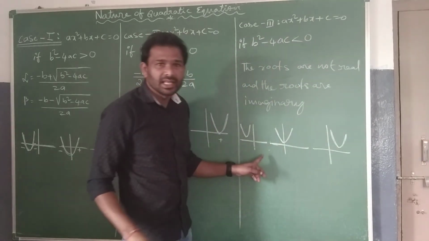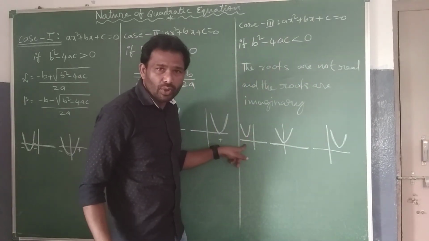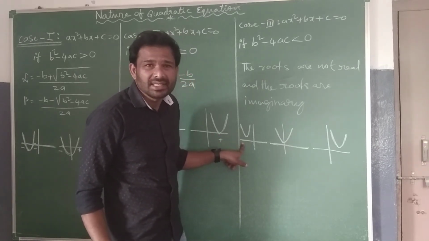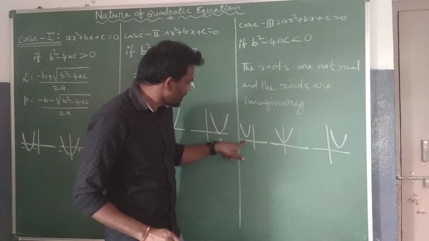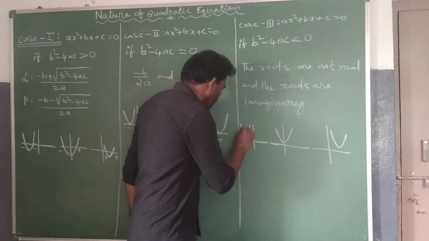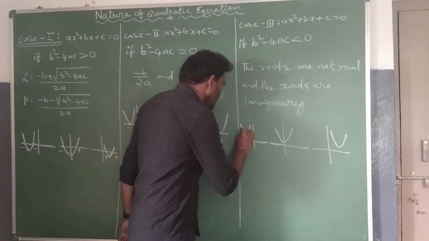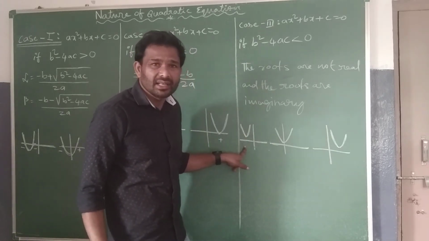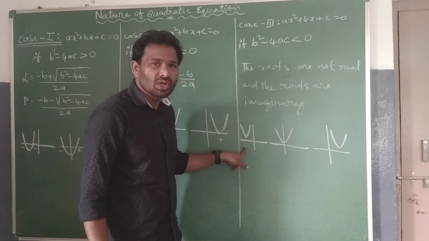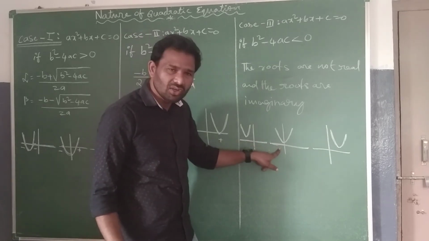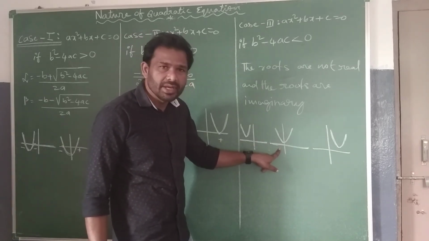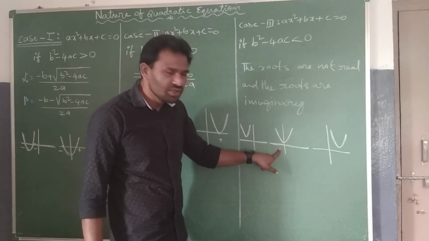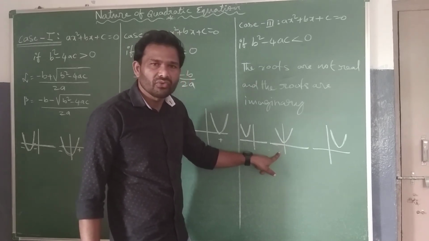See, in this case, in the first graph, you can observe the graph didn't cut the x-axis at any place, so there do not exist real roots. The second graph also does not touch or cut the x-axis at any place, so in this case also there are no real roots.